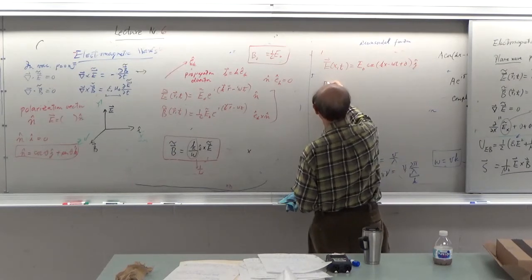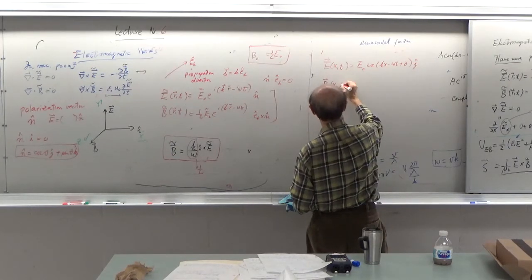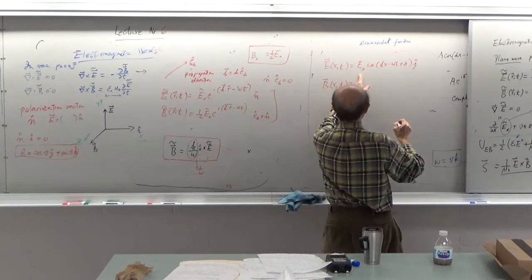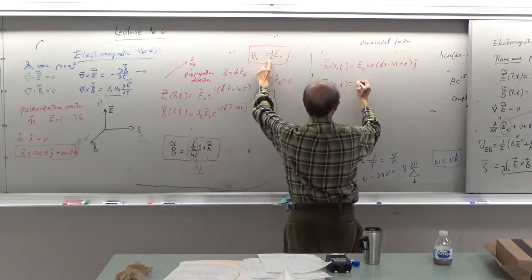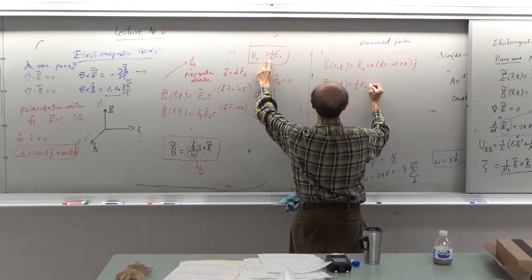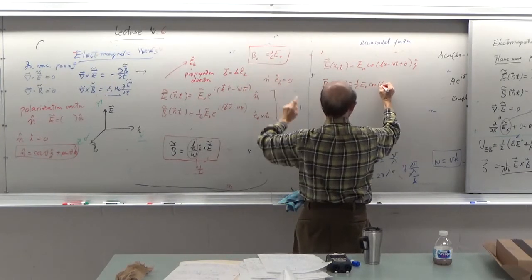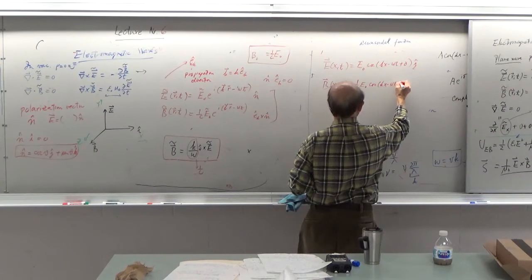And then the B wave would have an amplitude related to E naught by this factor, 1 over c E naught cosine of kx minus omega t plus delta.